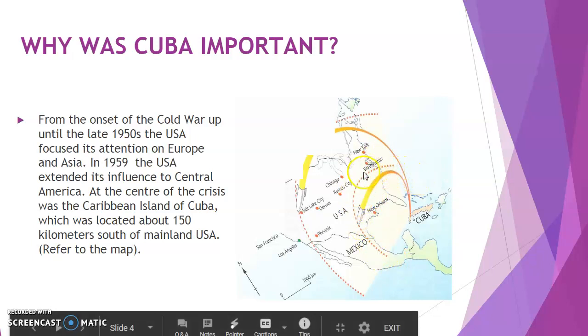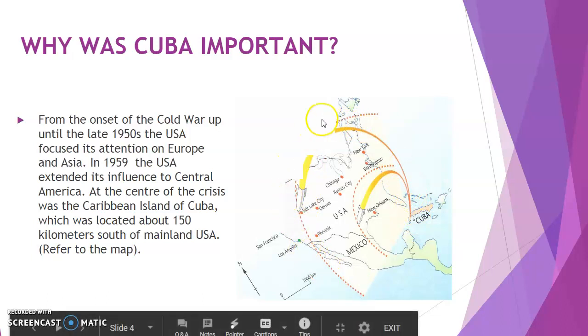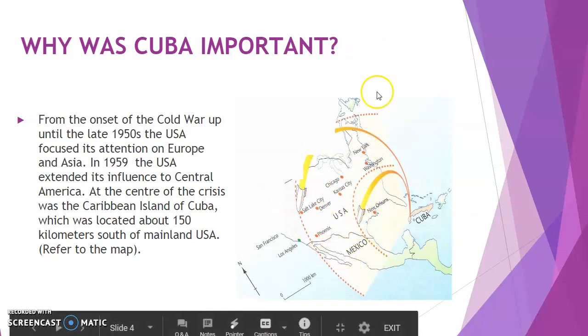Remember, this is normal missiles, not nuclear missiles at this stage. If they launch an even bigger missile from Cuba, it can destroy up to that amount of places in the United States of America. You can see Salt Lake City, Denver, Kansas, Chicago, New York, Washington, New Orleans, and Phoenix would be completely wiped out.